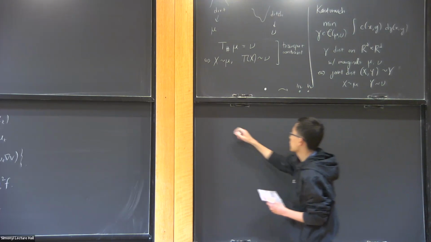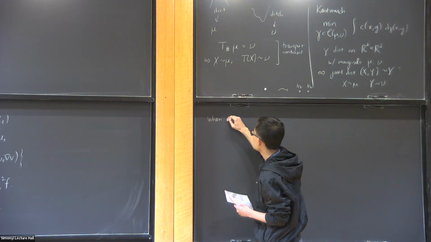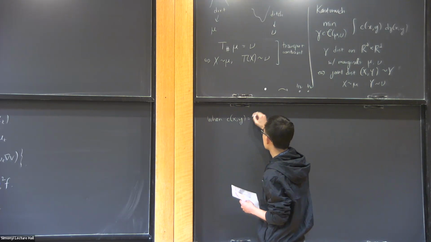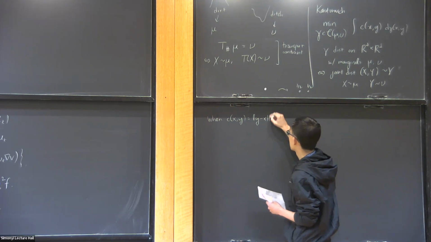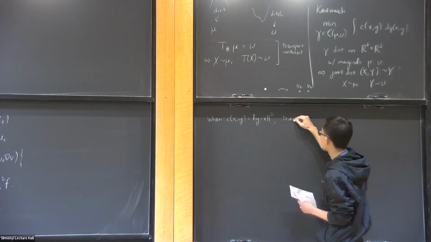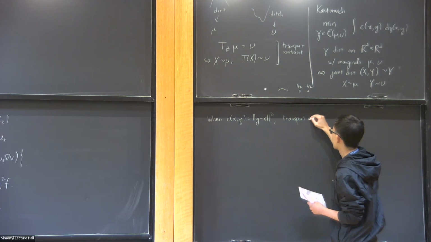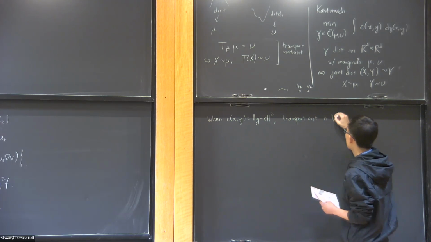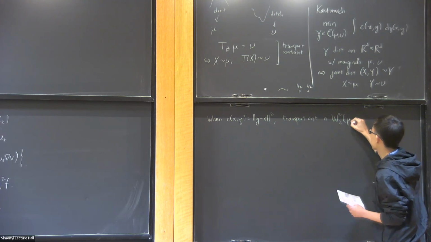By the way, when C of x, y is the squared distance, then the transport cost is what we'll call the squared Wasserstein distance between mu and nu.